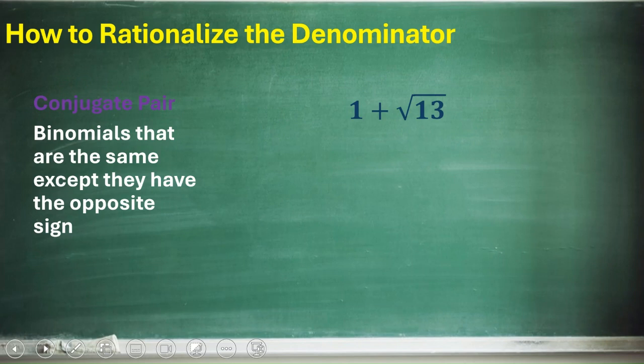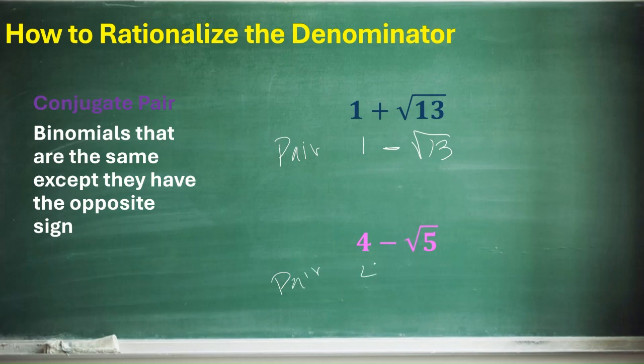For example, if I have 1 plus root 13, its conjugate pair would be 1 minus root 13. That's the conjugate pair. If I have 4 minus root 5, the conjugate pair would be 4 plus root 5.